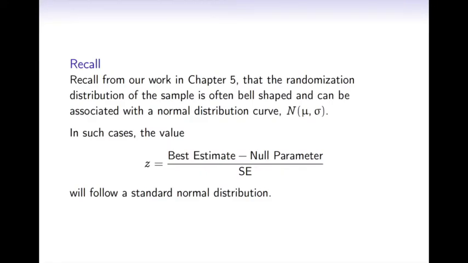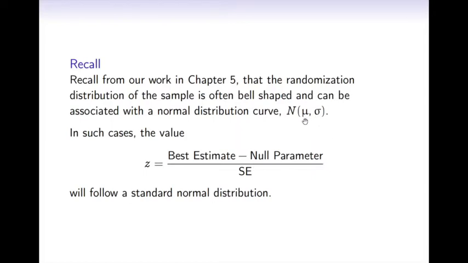All right, let's remember where we were at the end of Chapter 5. Recall from our work in Chapter 5 that the randomization distribution of the sample is often bell-shaped and can be associated with a normal distribution curve. So this is just the idea that those randomization dot plots form these normal distribution shapes, and we can read the 2 parameters that form the associated normal distribution curve right out of the dot plot.